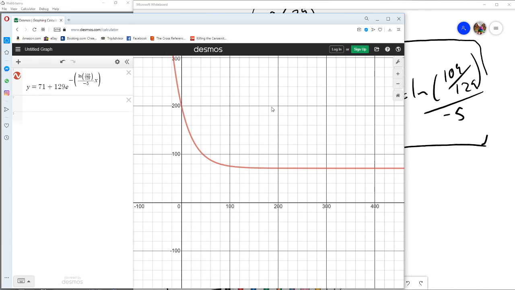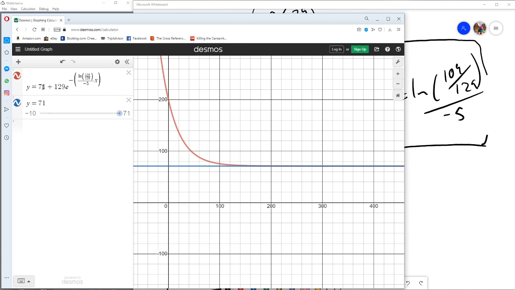Alright. So if I were to graph y equals 71, we can look here, and as time goes on, our curve flattens out. In fact, this has a horizontal asymptote at y equals 71.